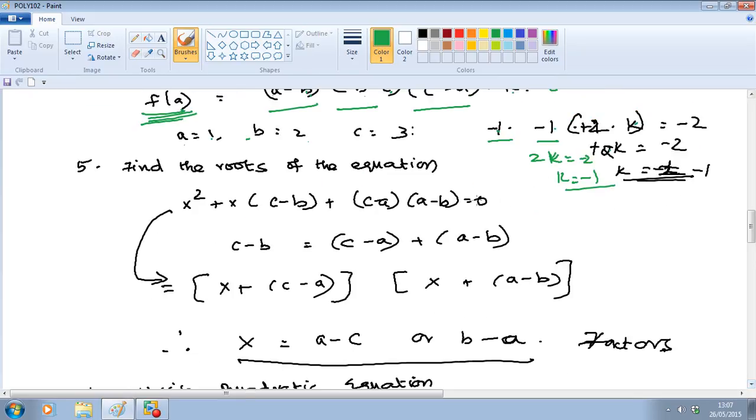So we will try to bring the equation in the form of x plus something multiplied by x plus something is equal to 0. Then we get two solutions. So we'll make it x plus c minus a multiplied by x plus a minus b. So these two factors we have brought here.